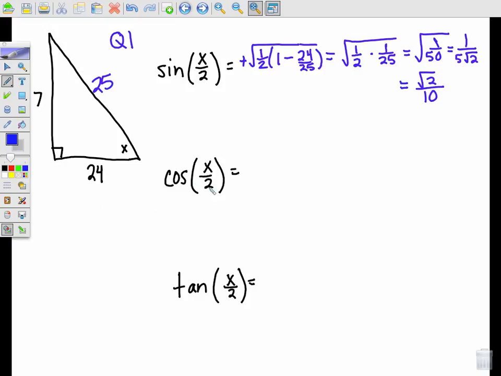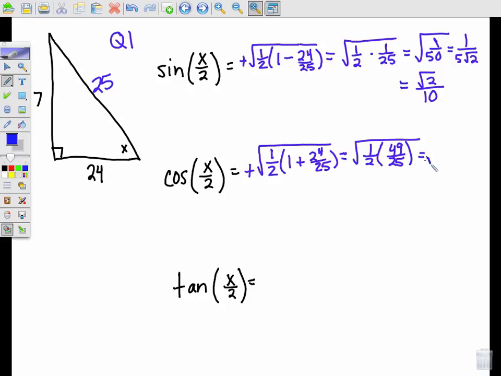Let's do cosine of half angle. Cosine, again, is positive. Square root of 1/2 times 1 plus cosine of x. Cosine is 24/25, which would equal the square root of 1/2 times 25/25 plus 24/25, which is 49/25.